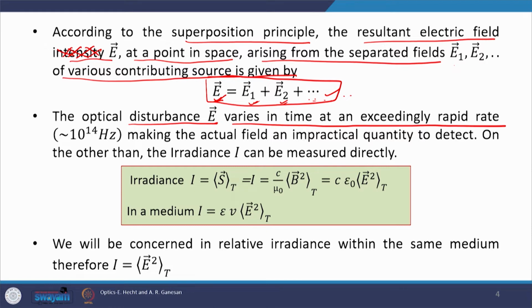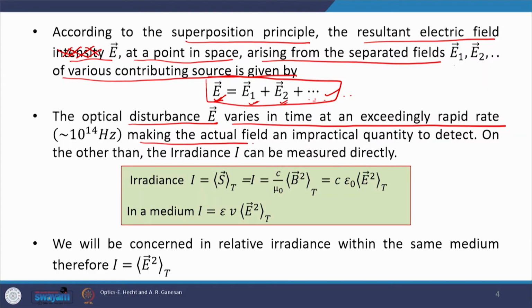Therefore, E varies very rapidly and it is extremely difficult to detect E. This makes the actual field an impractical quantity to detect. We require very dedicated experimental facilities to detect it. What is easier is to detect their intensity. Therefore, the irradiance or intensity is measured directly.